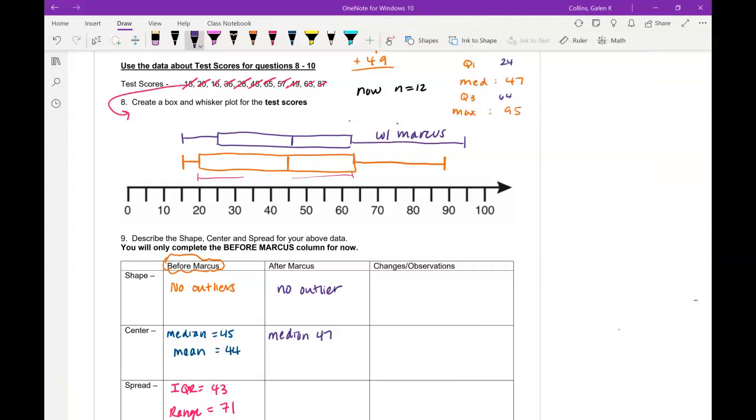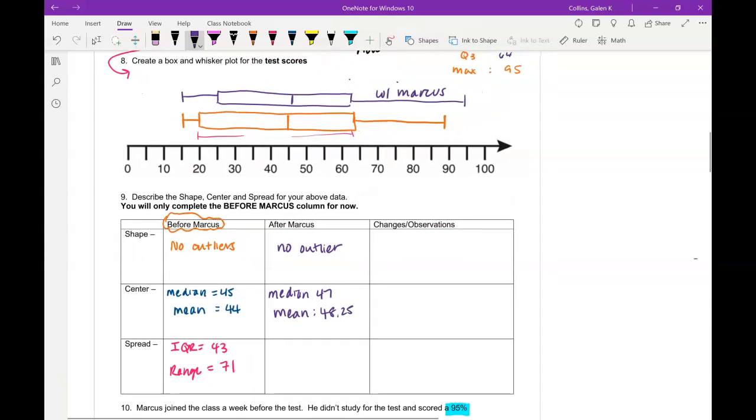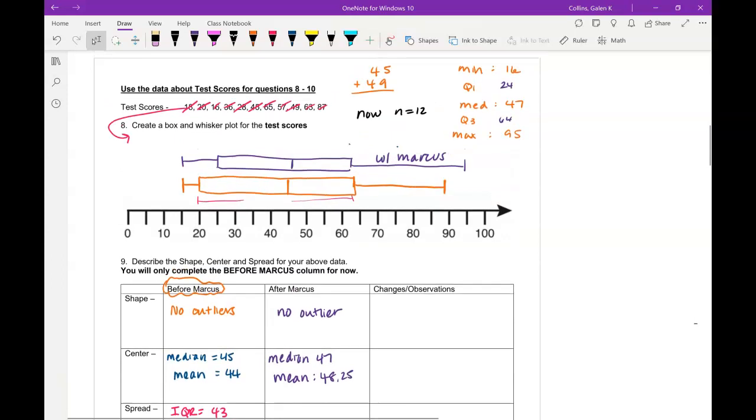So 48.25. And if what I did doesn't track, you could just find the mean again, add up all 12 numbers. So 48.25 is our new mean. And then for the spread, well, both our IQR and our range change. So our new interquartile range is 64 minus 24.